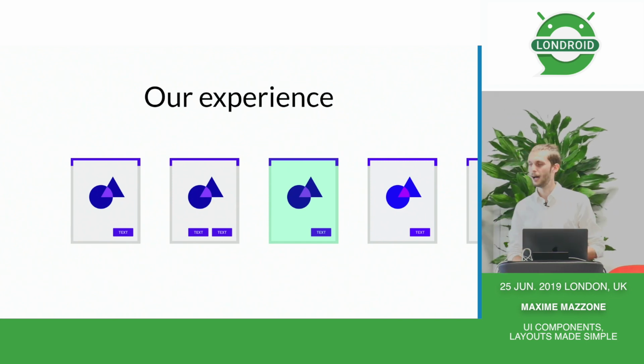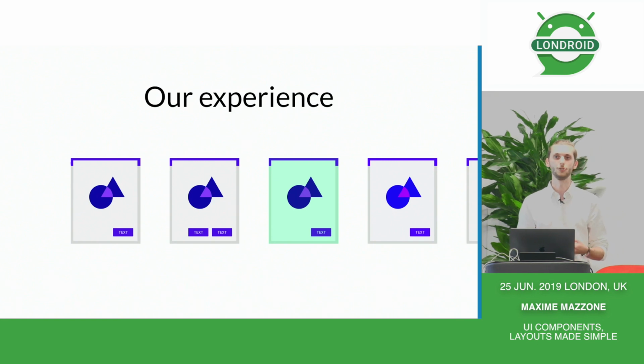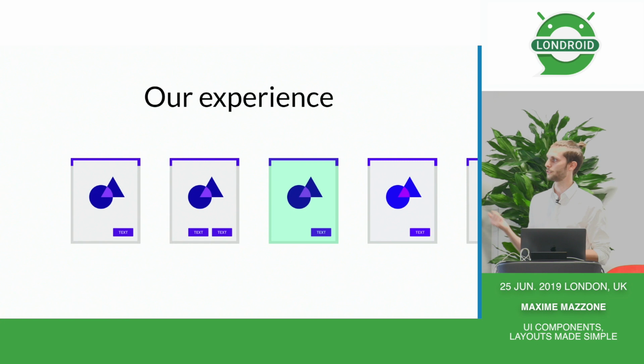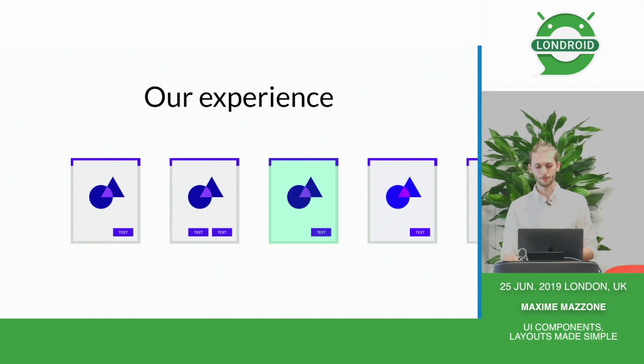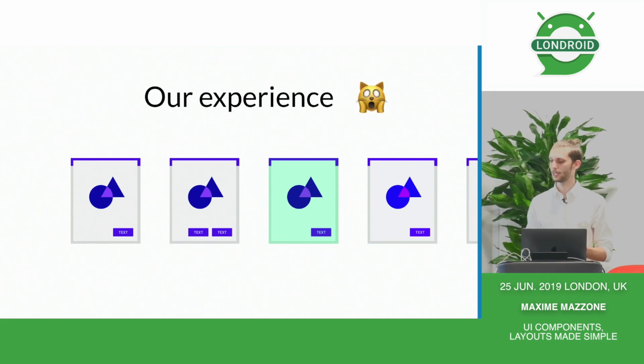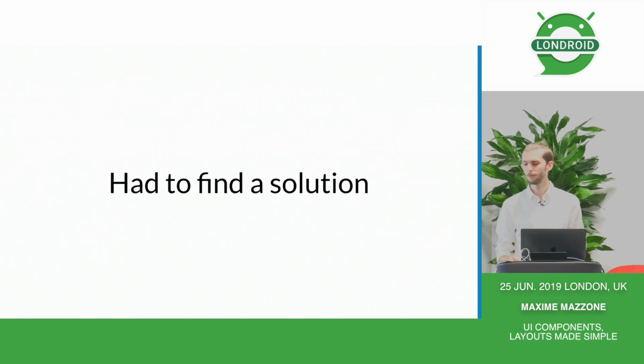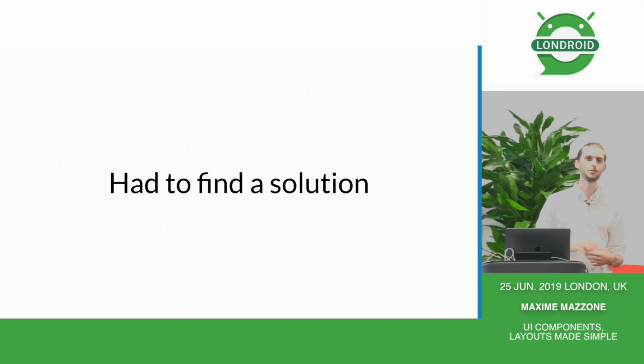And the old UI is going to stay old because you won't update your old layouts, and the new UI will look new. At Babylon, we have more than 20 developers on the same code base, and it can become quite scary to have so many layouts in the project. So we thought, well, maybe we can find a solution.